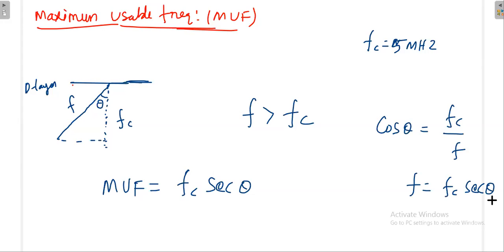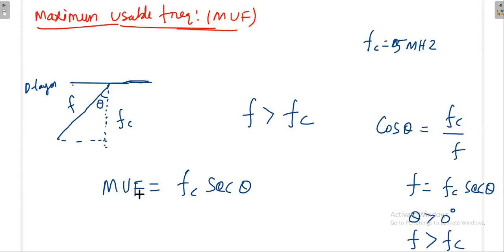Theta can be anything. Definitely if theta increases, secant theta is more than 1, because it is 1 by cos theta. Cos theta is limited to between 0 and 1, but secant theta can be more than 1. Then f is greater than fc. That means if theta is greater than 0 degrees, then f is greater than fc.